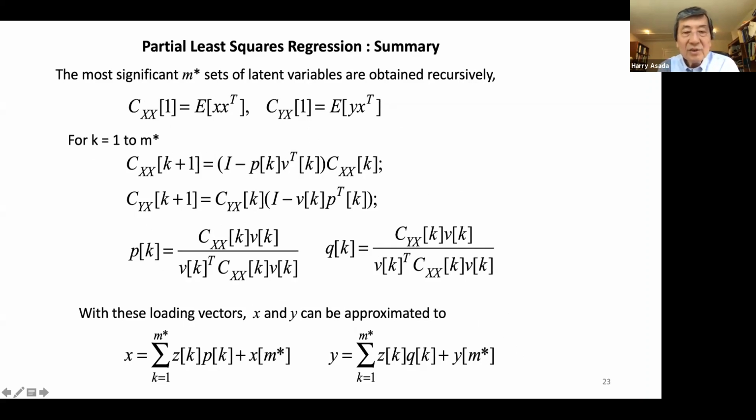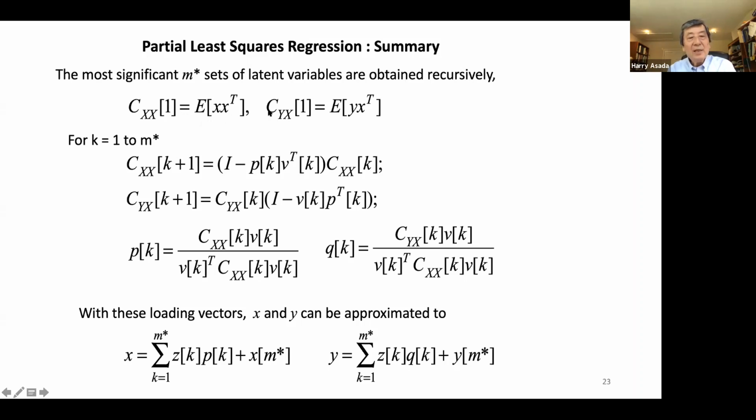Just in summary, we repeat this process m star times until we get everything that we can extract from the original data, right? Step one, we set the original data X and Y to be the covariance matrices involved here. So this is round one.